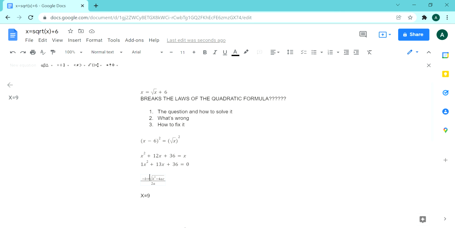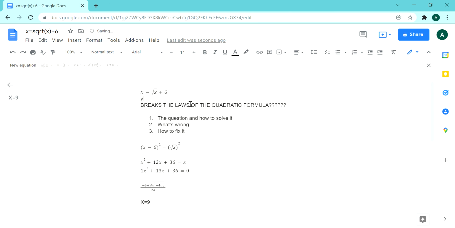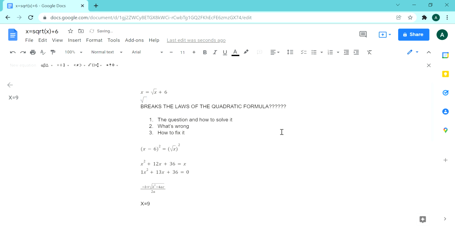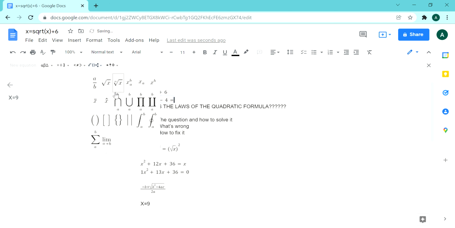It's plus or minus. So I recommend just, if you're ever doing this, it would apply if you did an equation like this too.